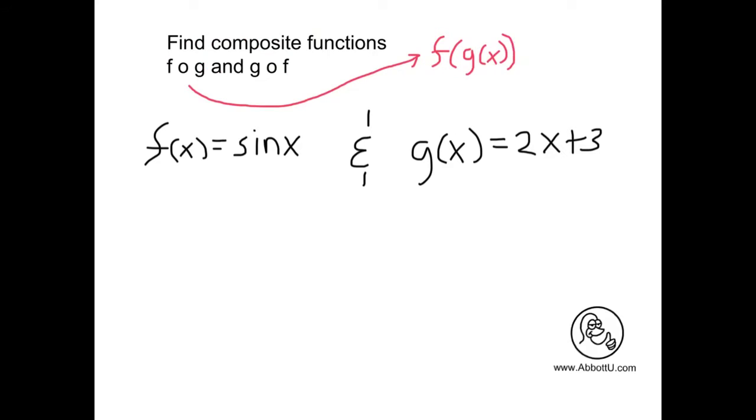In my opinion, this is a little misleading. It could be misconstrued as multiplying. Whereas this is a little more representative of what's actually happening when you're dealing with composite functions. I'm going to explain why in a second. But nonetheless, let's understand that this really is that.